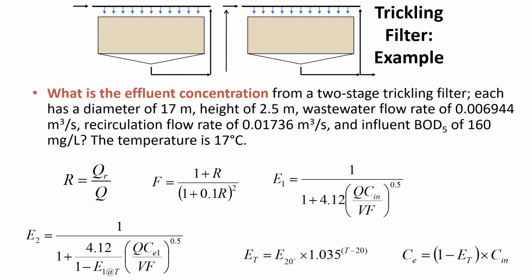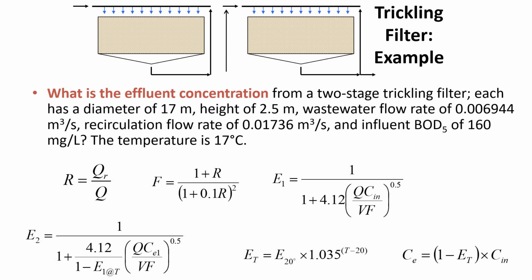All right, so the first thing that we do is we would calculate the area based on the circular profile of this filter. We know the diameter of it, and use the diameter that's given to find the cross-sectional area, and then the filter is itself cylindrical, so we'd multiply the area by the height to find the volume. Okay, so the area is pi times the diameter of 17 meters squared divided by 4.